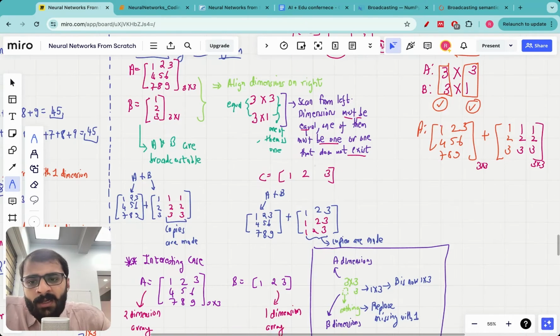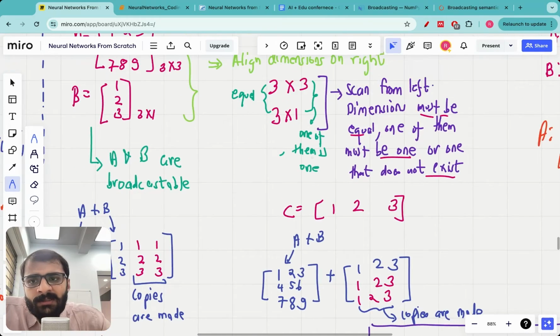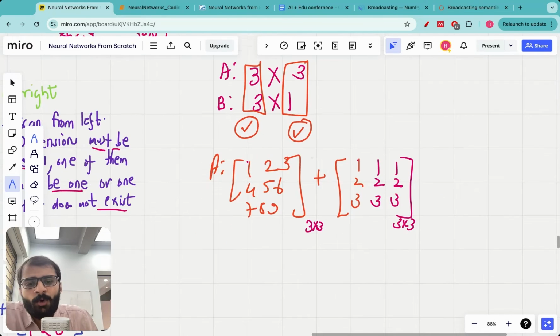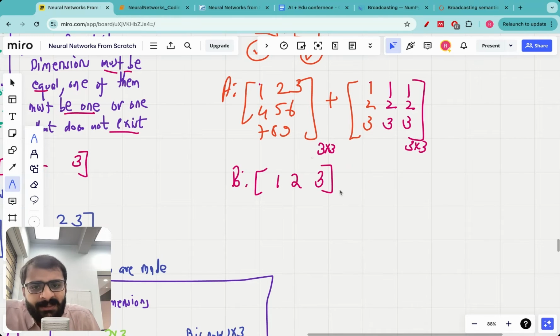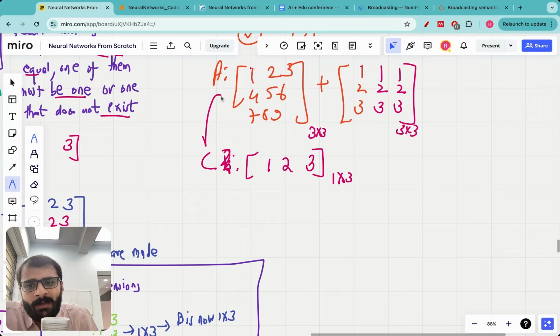Okay. Now I want to take one more case. We looked at A plus B, right? But what if B is like this, 1, 2, 3? Let me call it C. This is one row and three columns. Again, first let us check whether A and C are broadcastable.